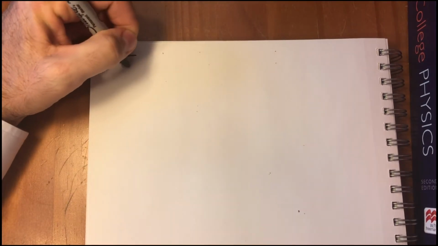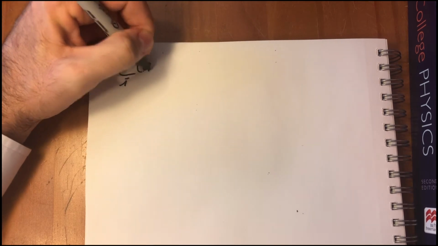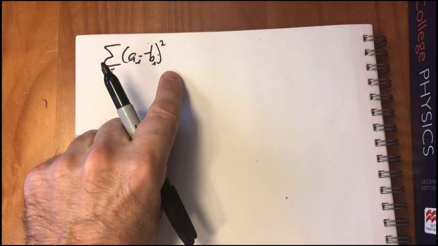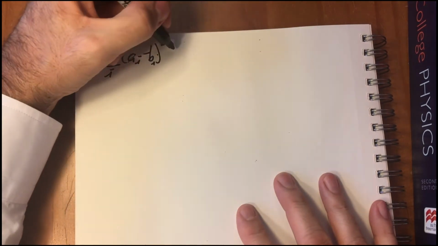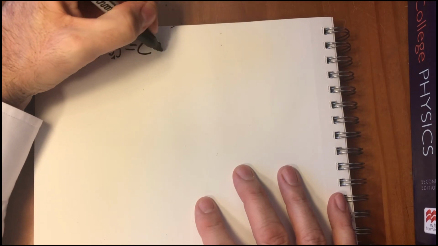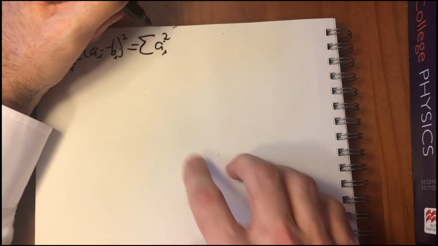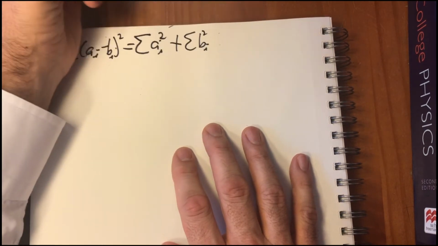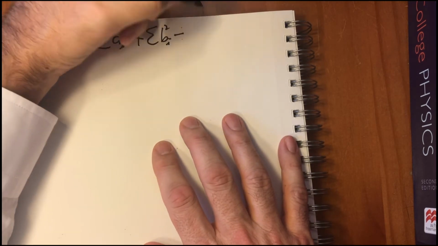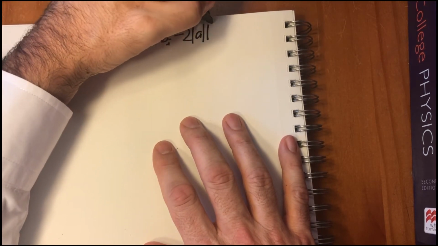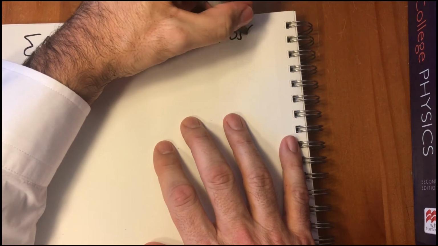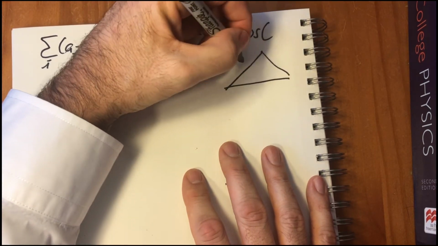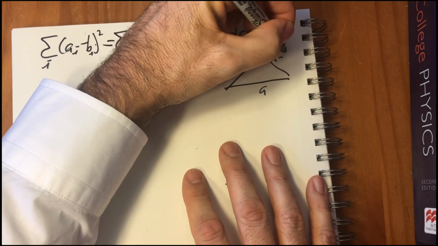So we have that the sum of ai minus bi squared, that's the length of a minus b squared, equals the sum of ai squared, that's the length of a squared, plus the sum of bi squared minus 2 length of a, length of b, cosine c. Okay, and again, this is the triangle we're looking at. This is a, b, and a minus b.